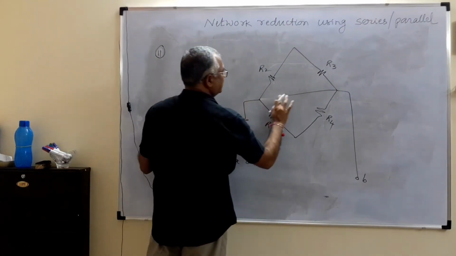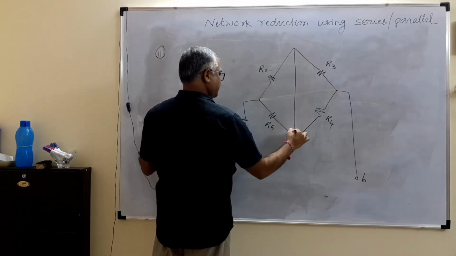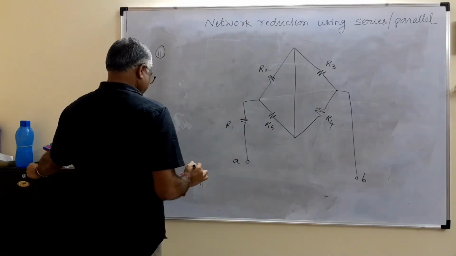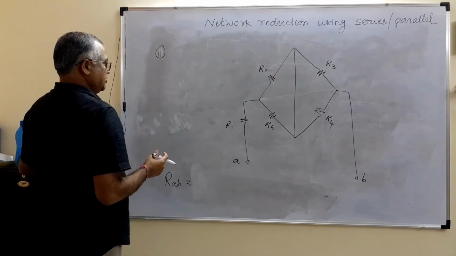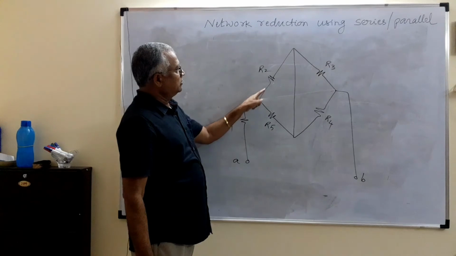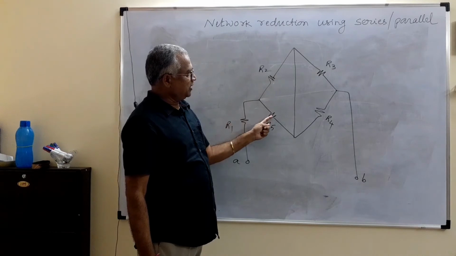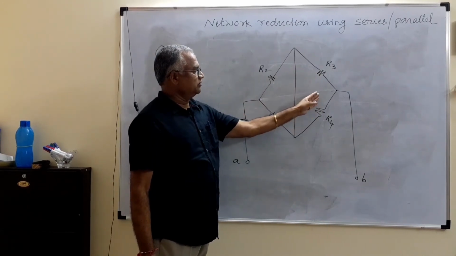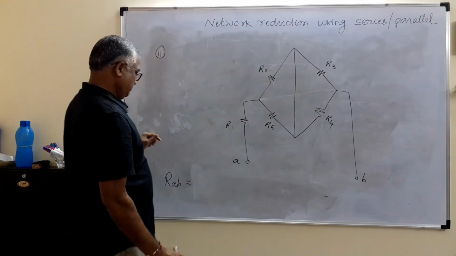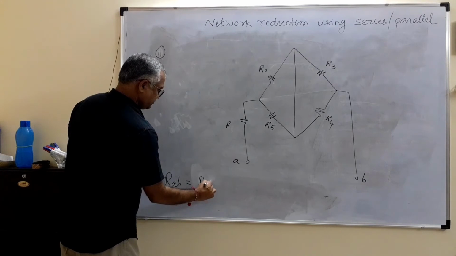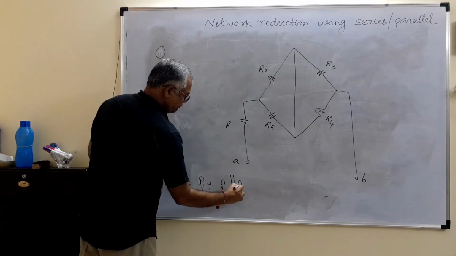11th one. If this point is connected, then what is RAB? Under this condition, this endpoint is connected. So these two must be parallel. These two are parallel, then both are in series. That is again in series with R1. So R1 plus R2 parallel with R5.